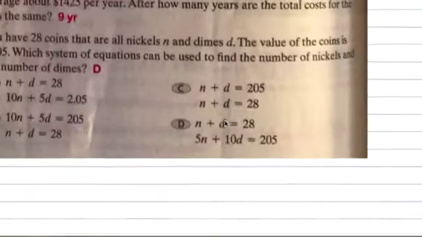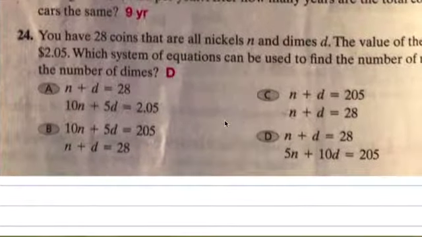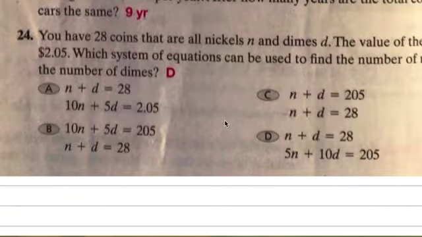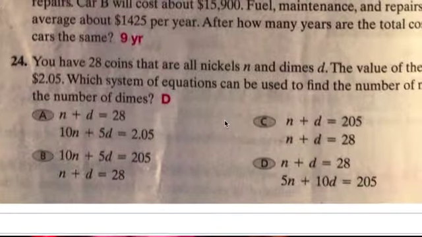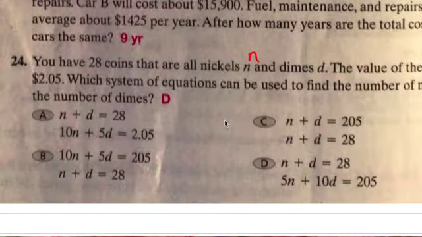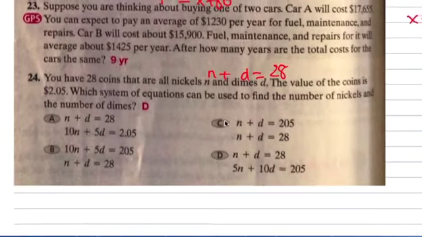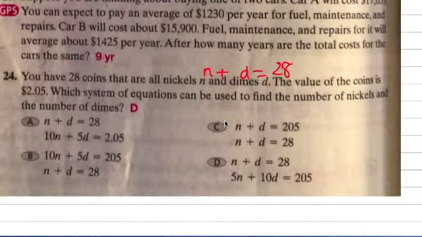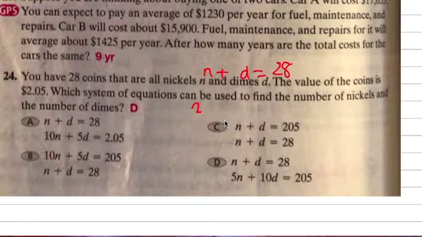Okay, answer D, guys, because, and it's not A because they made the 10 cents. Okay, we did this in class, right? Nickels plus dimes equals 28 coins altogether, and then the money is $2. So nickel is 5 cents plus the dime, which is 10 cents.